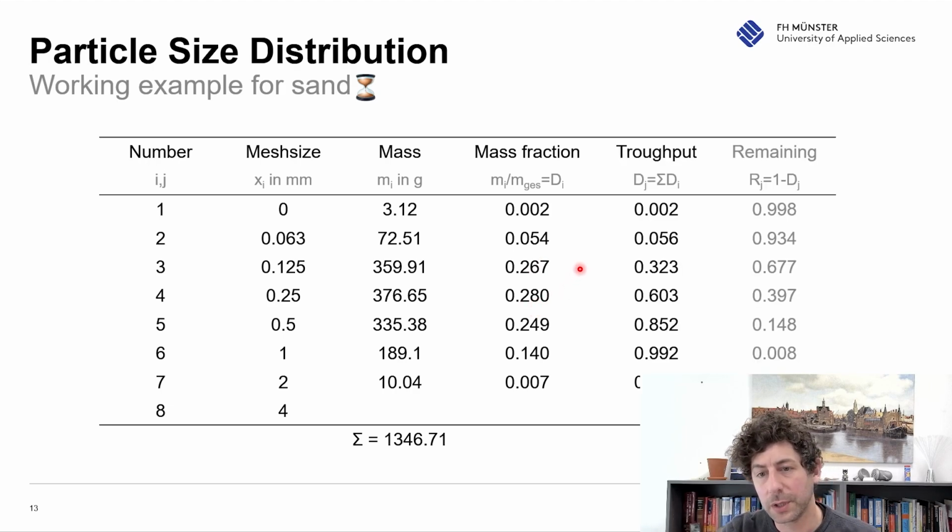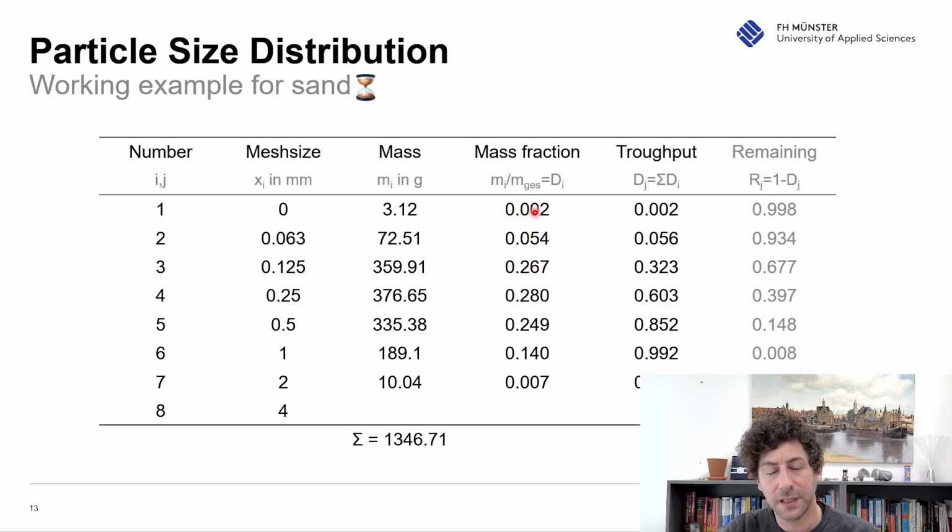The next one we can calculate is called the throughput. And the throughput is nothing else than what goes through, but which also gives you the cumulative size, because the throughput basically sums up these single numbers.